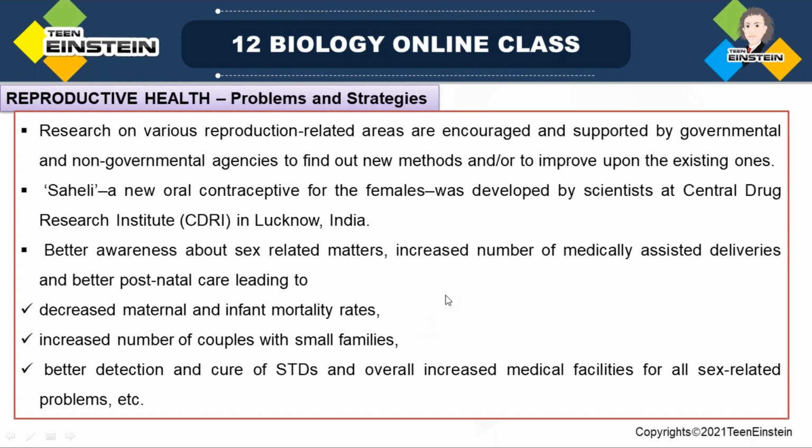If we give all this awareness about sex-related matters, medical assistance, and better postnatal care, that will lead to decreased maternal and infant mortality rates, and more healthy and happy couples with small families. Then we can detect sexually transmitted diseases, and have increased medical facilities for all sex-related problems, right?